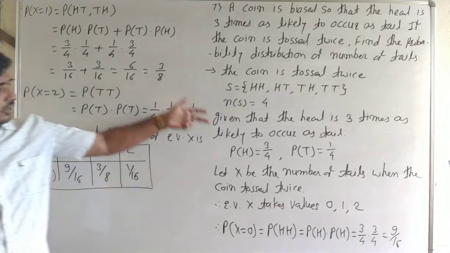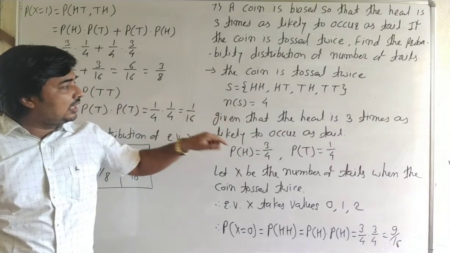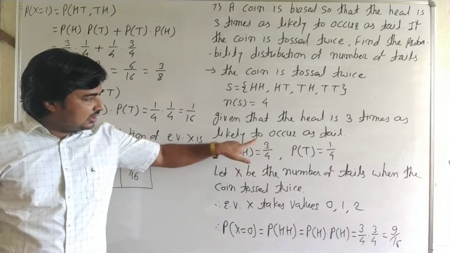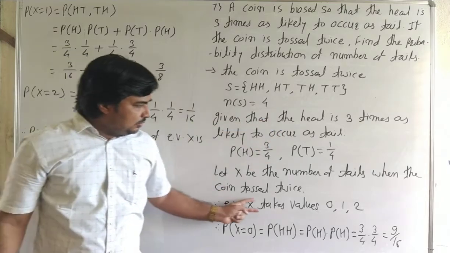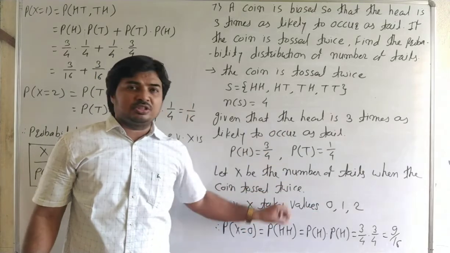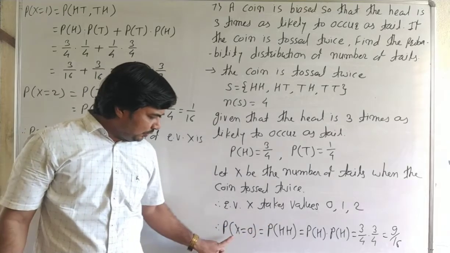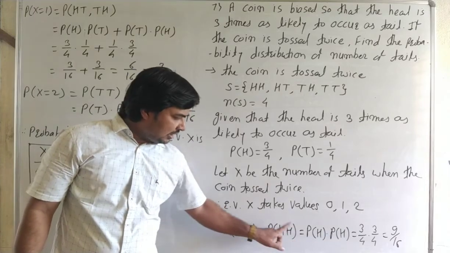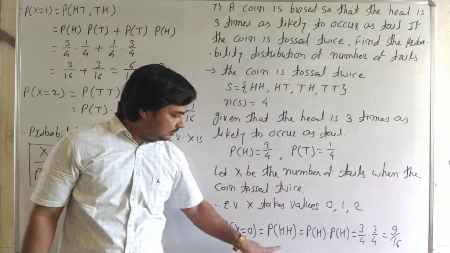Here the probability of head and the probability of tail are given. The head is 3 times as likely to occur as tail. Then probability of head is 3 by 4 and probability of tail is 1 by 4. The random variable X is the number of tails, and the number of tails is 0, 1 or 2. When X is equal to 0, both are heads, which means first chance head and second chance also head.